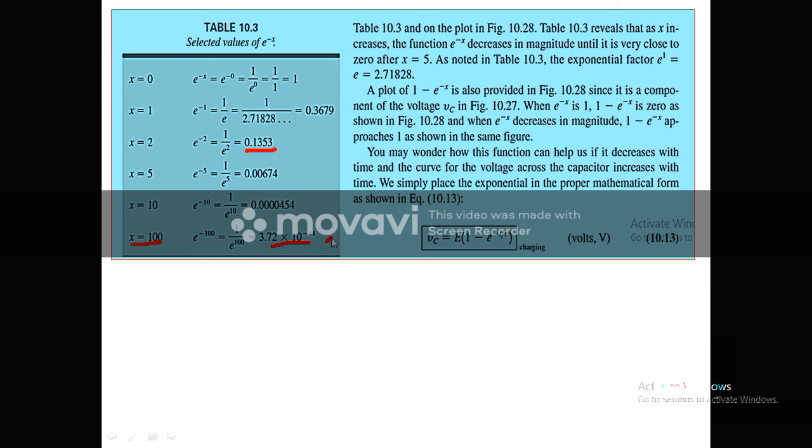Now Vc is equal to E times (1 minus e raised to the power minus t by tau). This is the mathematical expression for the voltage applied across the capacitor in the charging phase.